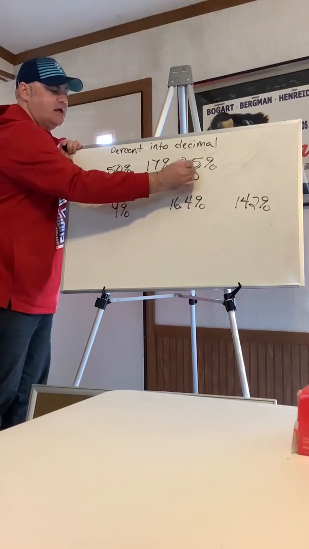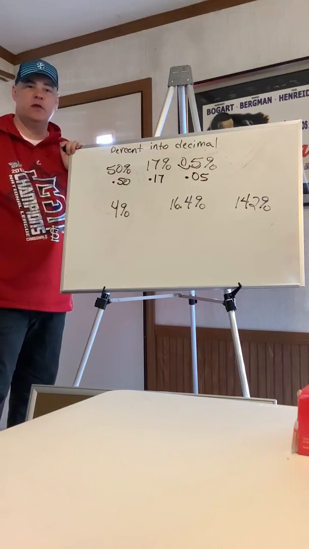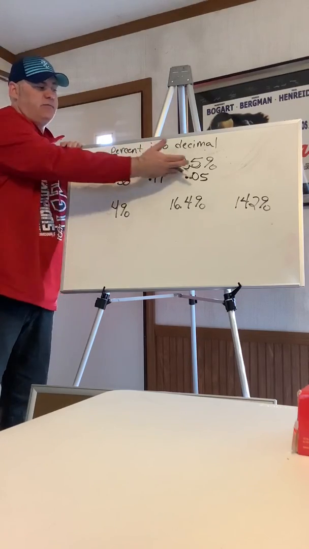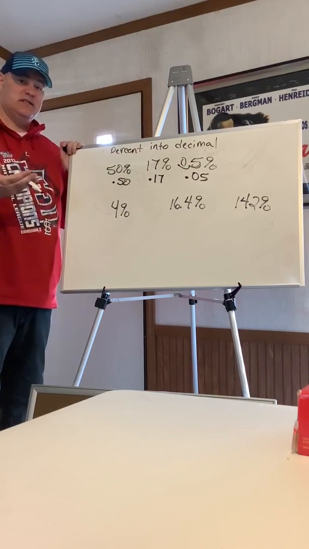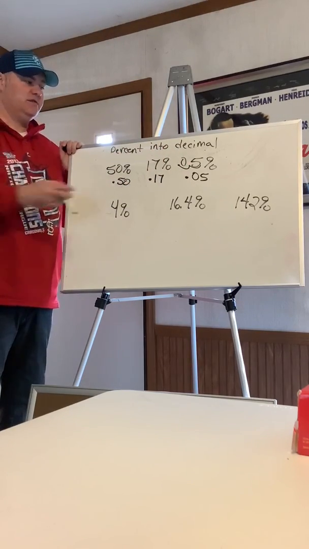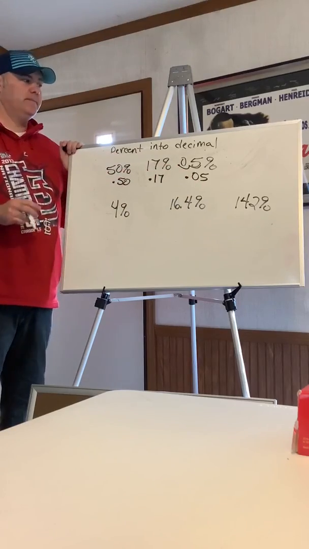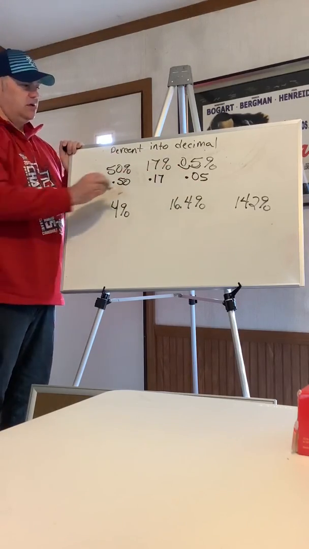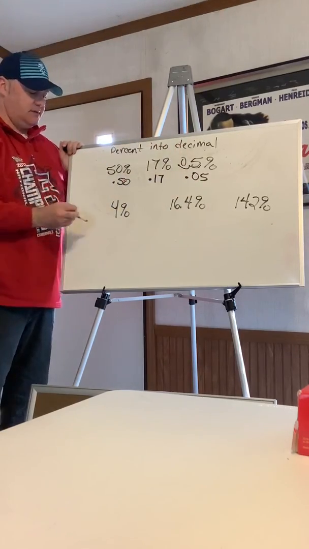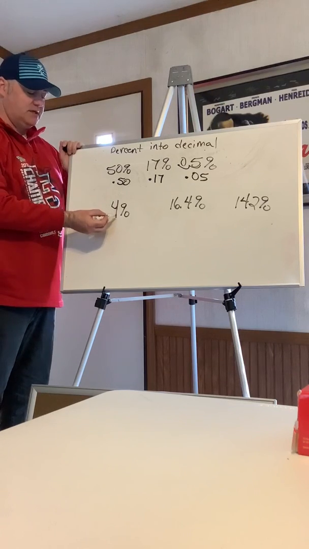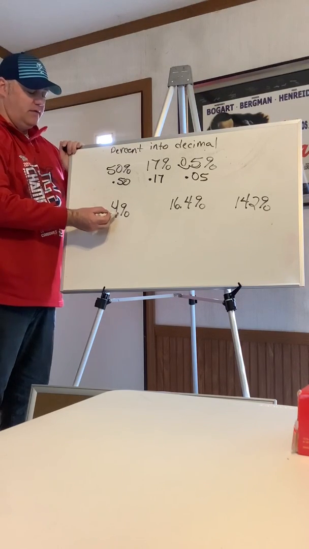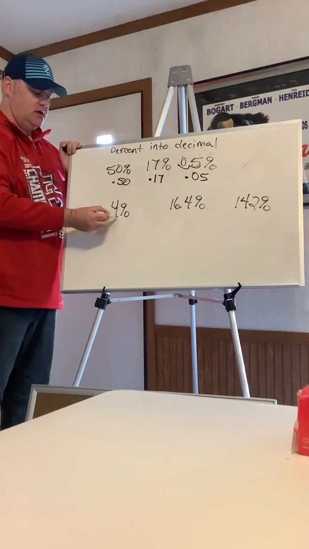So 5% is 0.05. If you're thinking of money, 5% is 5 cents. 5% of $1 is 5 cents, so you have a nickel. So that's how you move that 2 times. Same thing here. Let's try this one. I'll give you a second if you want to try it. You're at 4%, just like this one at 5%.